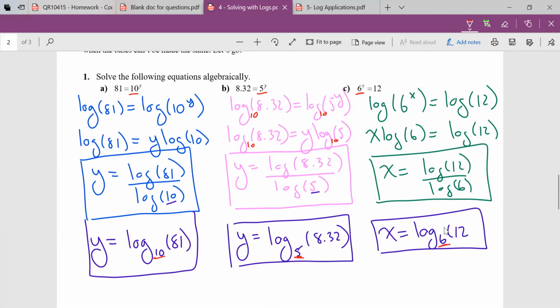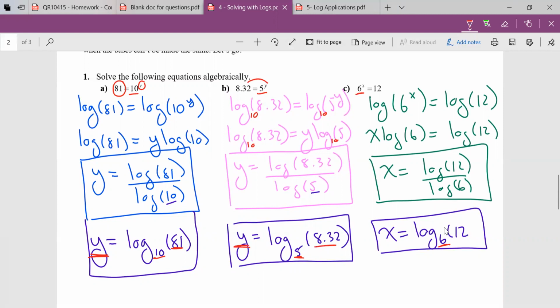Now, here's what I want you to notice. The 81 and the y essentially switch places. Do you see that? The y is over here where the 81 was, and the 81 is now with the 10. Look at B. The y and the 8.32 switch.